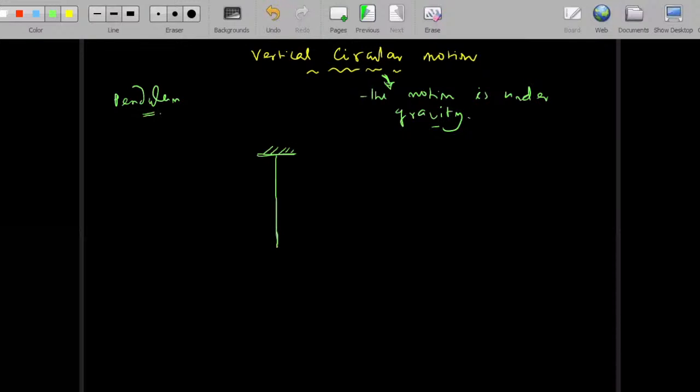This is a massless string of length L, and this pendulum swings in a vertical plane along a circle like this. Okay, now correct. Initially at t is equal to 0, it is at the bottommost position.